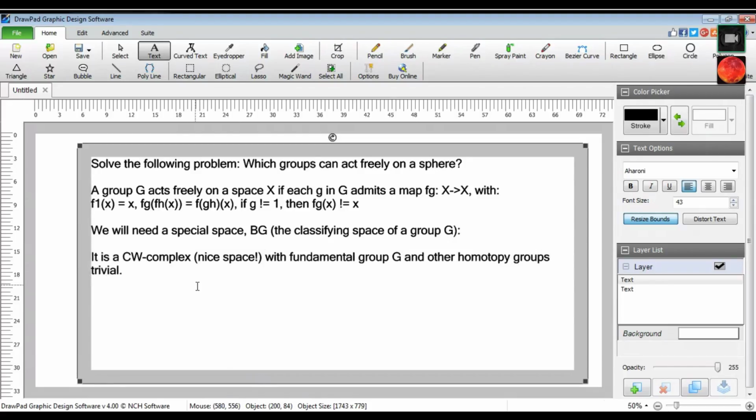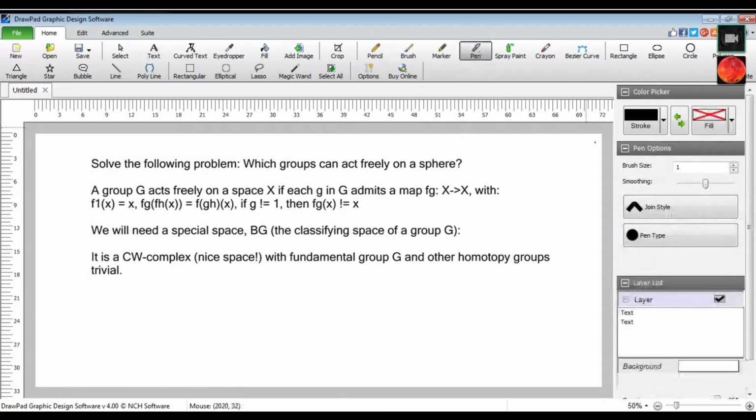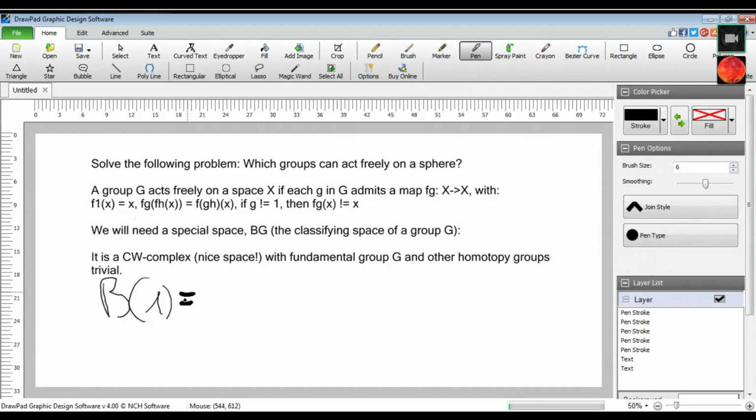Some examples. The simplest group we can think of is just a trivial group. So B of, say, the trivial group, we're just going to call it 1, it's just a point space.